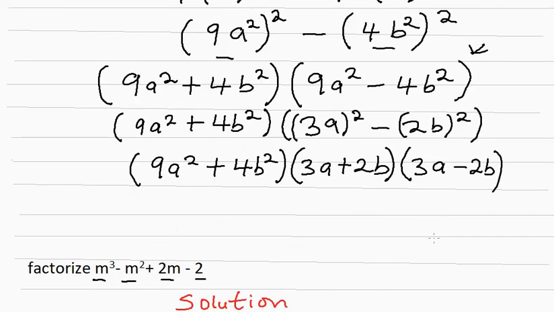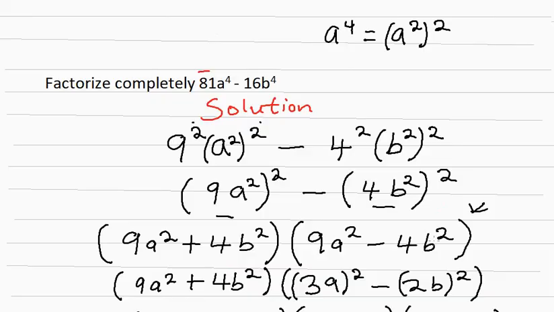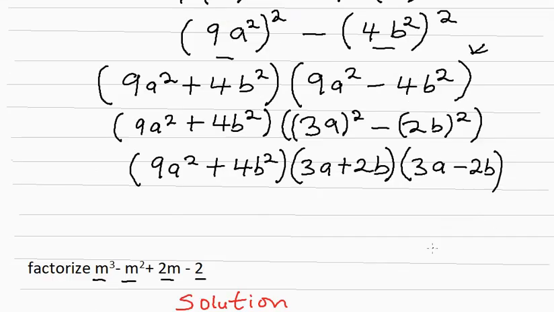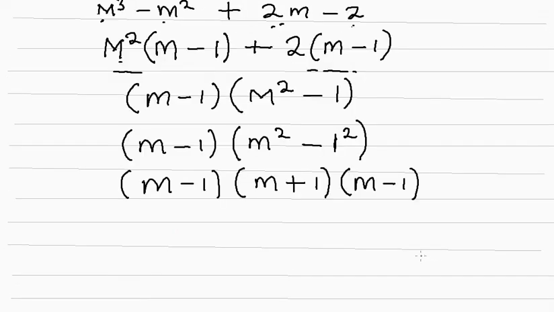So with this now, as you can see right here, m minus 1 times m minus 1, I have two brackets that are the same. That will give (m minus 1) square, then of course (m plus 1). That is the final answer to that.